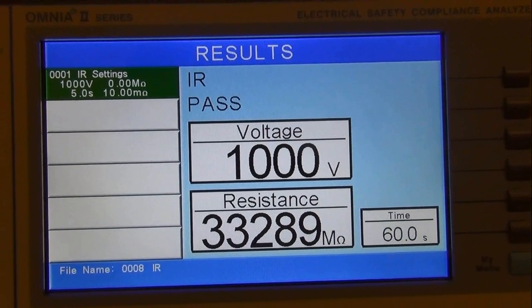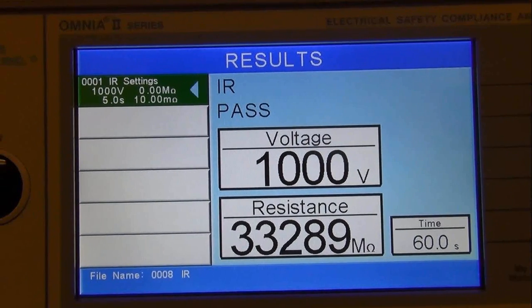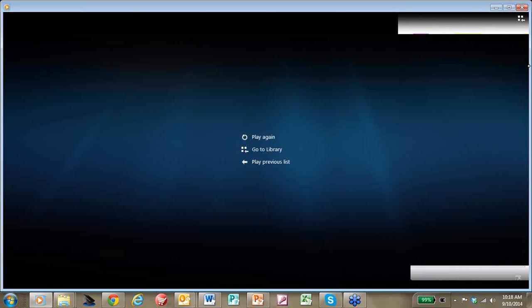Now this is a pretty good resistance value for the insulation of a product that's pretty small in size. Basically what we saw here was we gave the test enough time to get a stable reading, and that's one of the considerations that we have to keep in mind when performing an insulation resistance test.